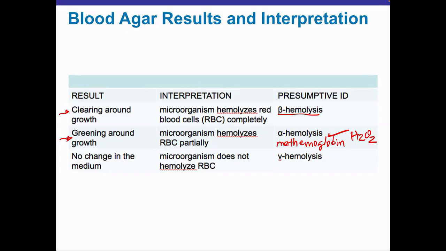This complete lysis is usually caused by exotoxins produced by bacteria. That is the case, for example, of streptolysin, an exotoxin produced by Streptococcus pyogenes, group A Streptococcus.